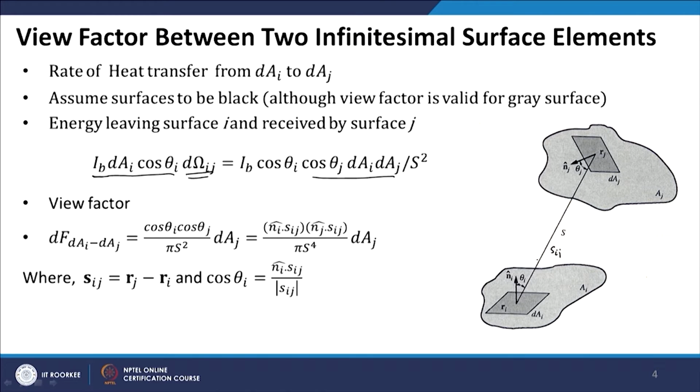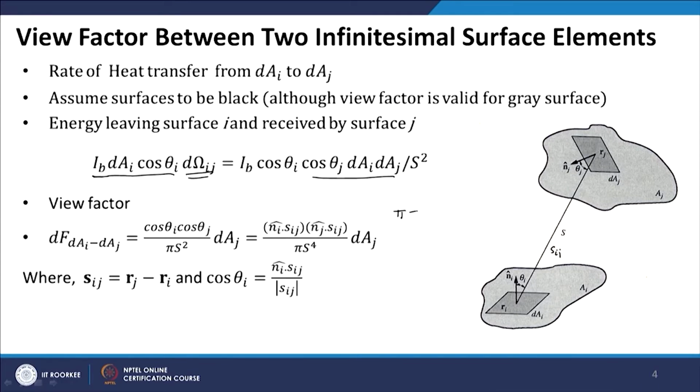So, the view factor is basically defined as amount of energy that is emitted and received by surface j divided by total amount of energy emitted by surface Ai. So, total amount of energy emitted is equal to pi times Ib dAi.